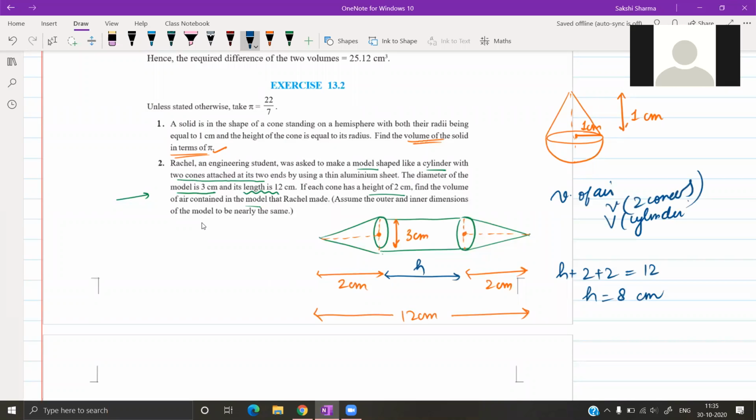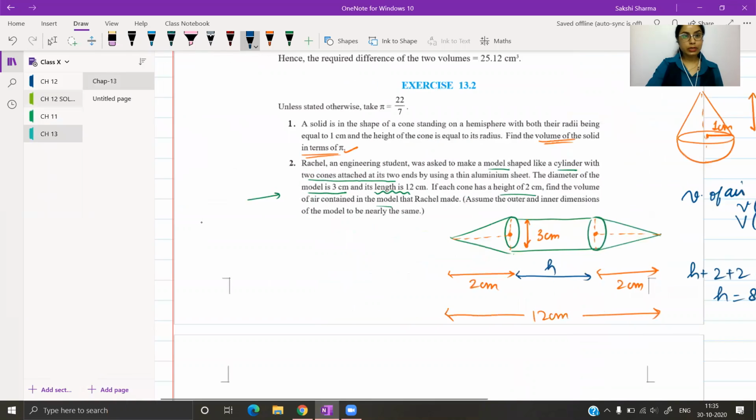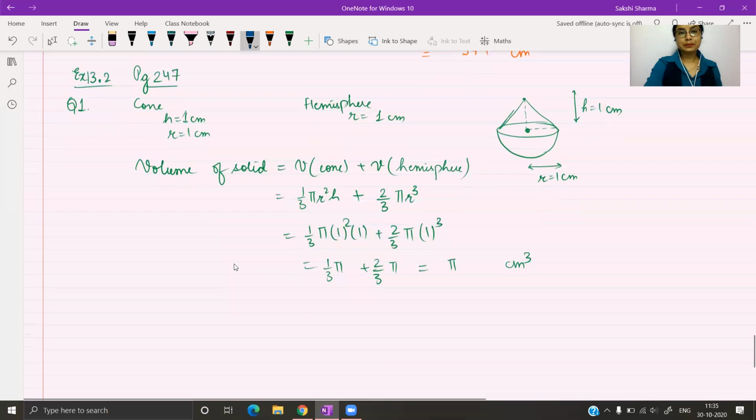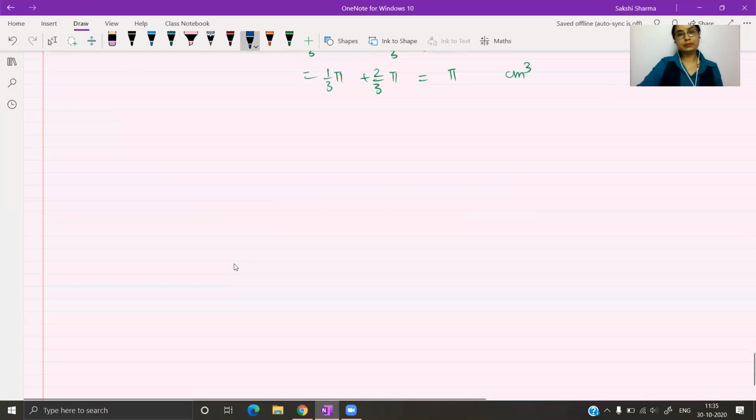That's correct. So let's draw it and then write down the answer. It's not necessary the way I've drawn horizontally the model. You can draw it vertically as well if that seems comfortable or convenient to you.